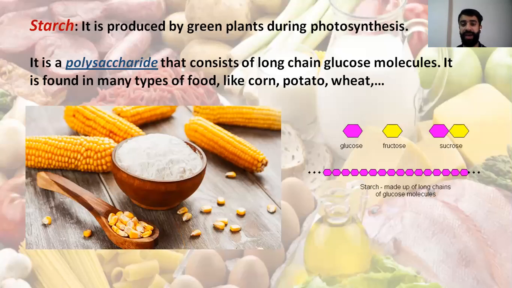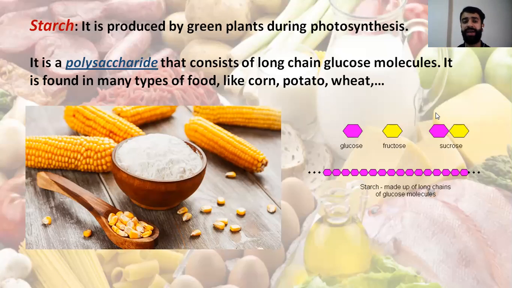By the iodine test. If it gives a dark blue color, it means that we have starch. Starch is a polysaccharide. What is the meaning of poly? Poly means many. So polysaccharides are long chains of sugars, and to be more specific, long chain glucose molecules.